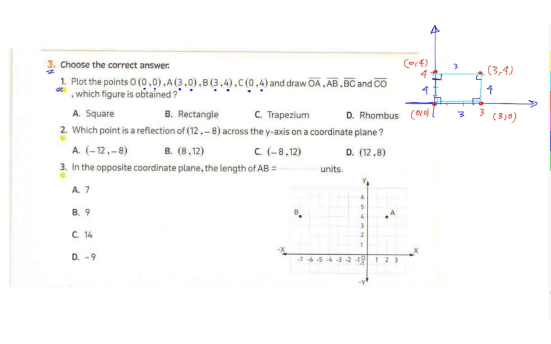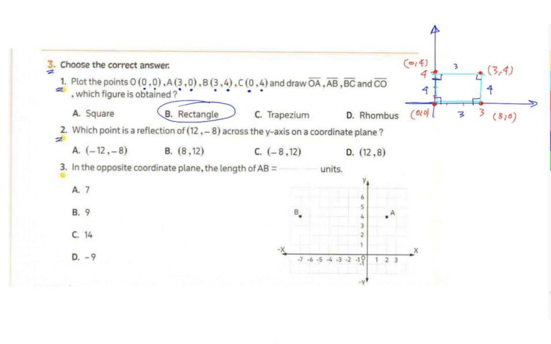What do I mean? I mean that each 2 points, whether vertical or horizontal, will obtain a rectangle. Okay.